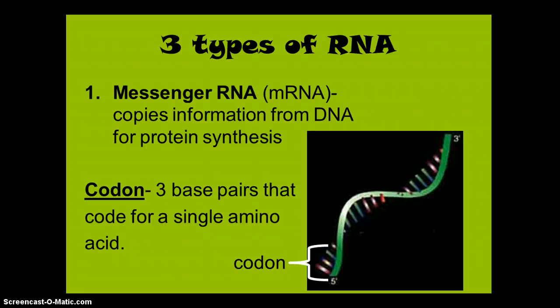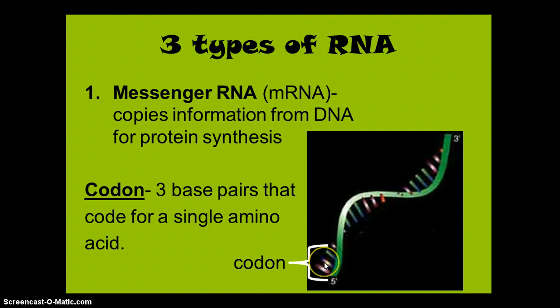Think of the nucleus as this protective safe for DNA, okay? And it's going to stay in that nucleus. It's never going to leave. So what does it do? It actually makes a copy of itself in messenger RNA. So it makes a copy of messenger RNA, which is just a copy. It's like a photocopy of DNA. And that photocopy is actually going to go out into the cytoplasm.